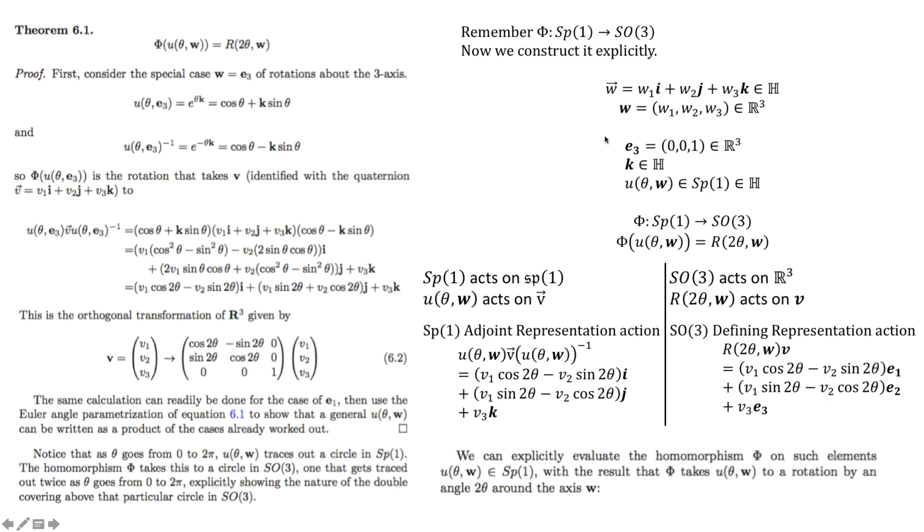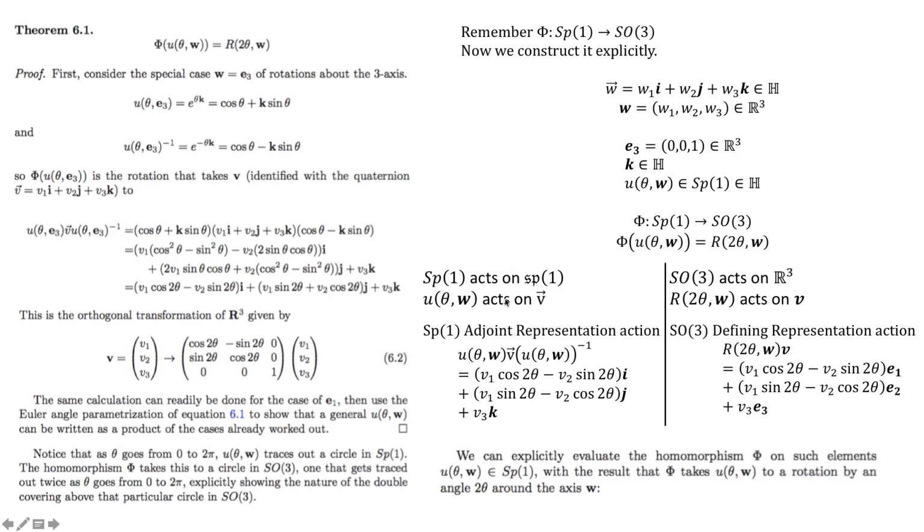On the other hand, V bolded over here is a tuple of 3 real numbers and is hence an element of the vector space R3. Therefore, it makes sense for an element of SO3, which is a 3 by 3 matrix, to act on an element of R3, which is the bolded V over here, by matrix multiplication, because it's a 3 by 3 matrix acting on a 1 by 3 vector. Realize that if we confused V arrow here with the V bolded, then it wouldn't make sense for the quaternion to act on a 3-tuple of real numbers.